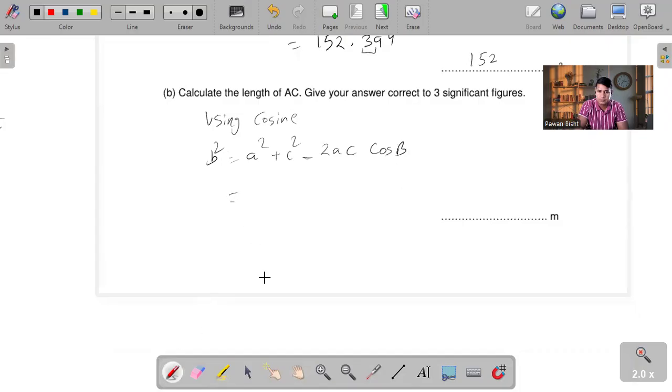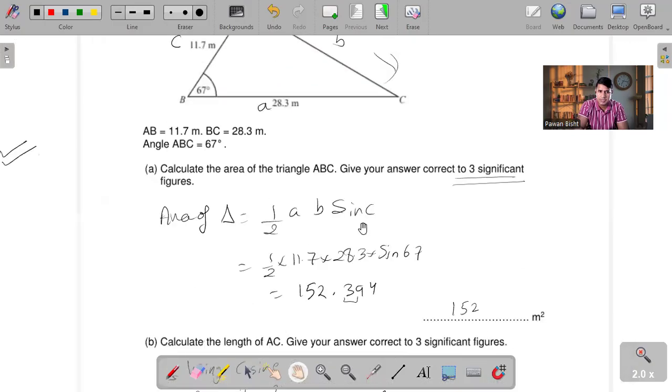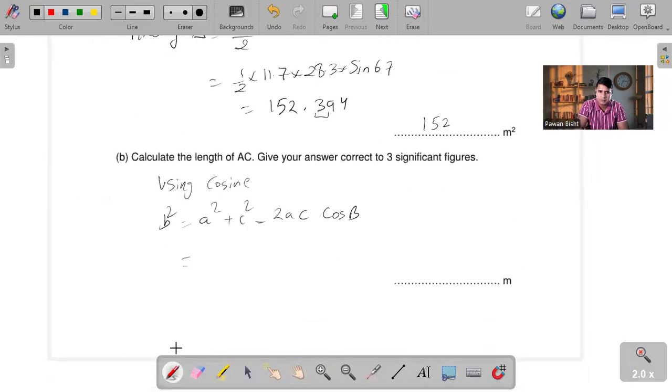What is A? A is 28.3 and C is 11.7. So 28.3 square plus 11.7 square minus 2 times 28.3 times 11.7 cos 67 is equal to B square.